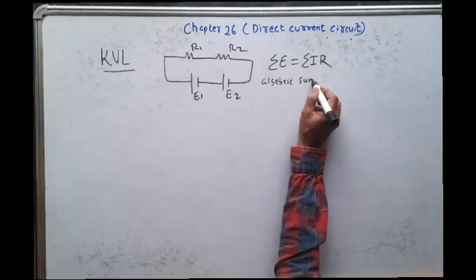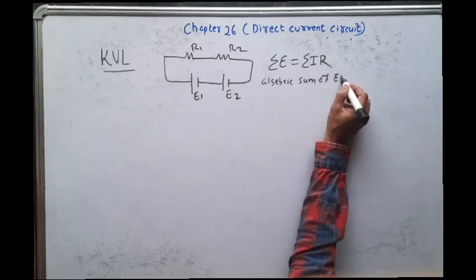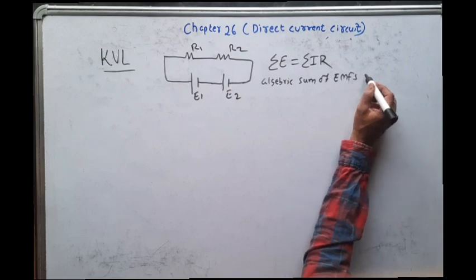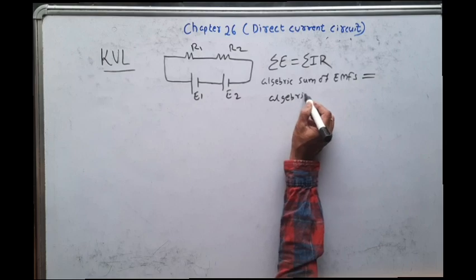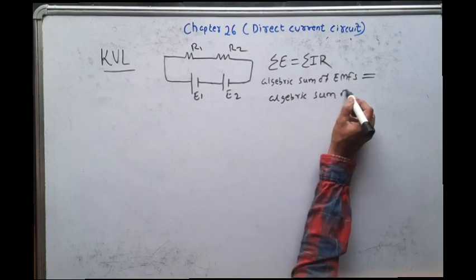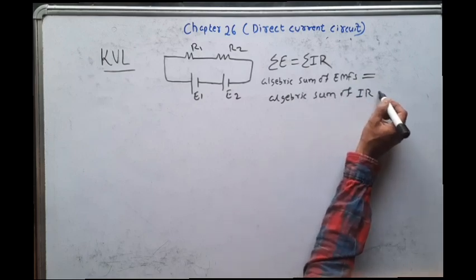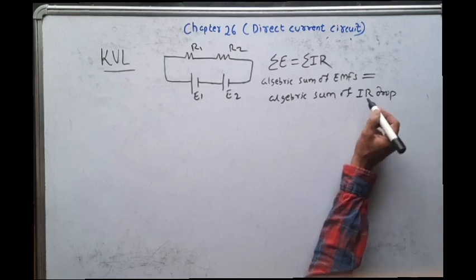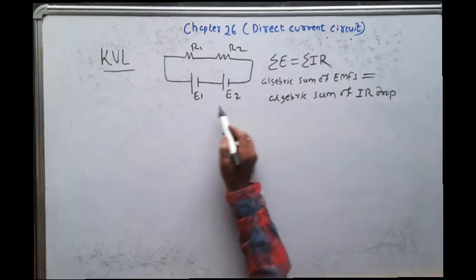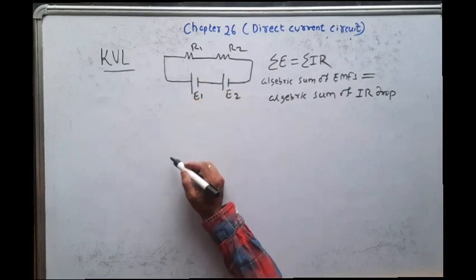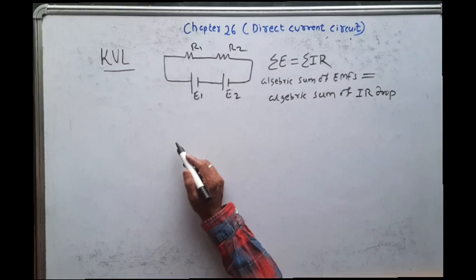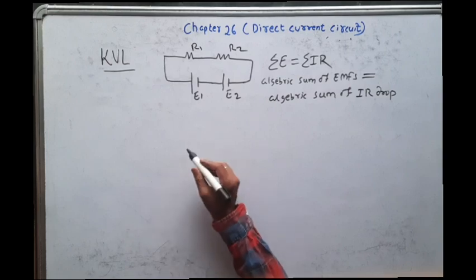What is IR drop? I into R is nothing but voltage. So the total supplied EMF is equal to the total voltage drop in the circuit. Later I will give the proper sign.